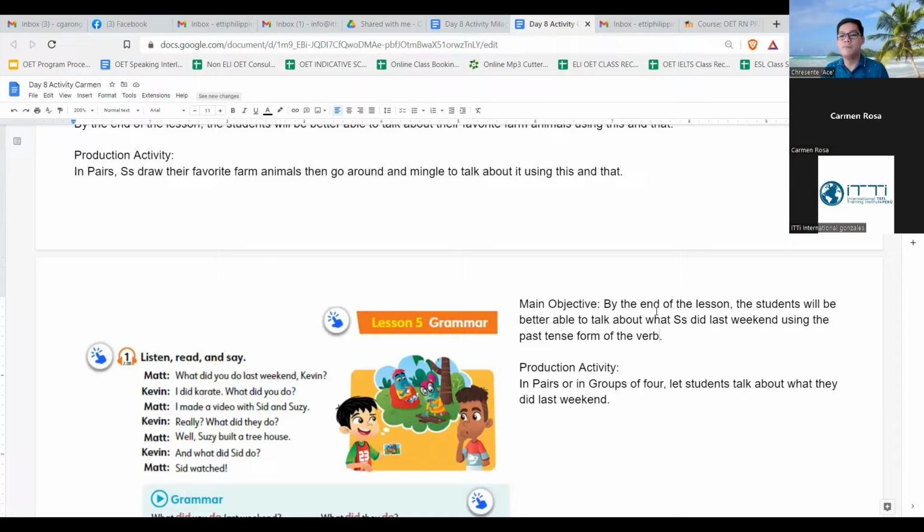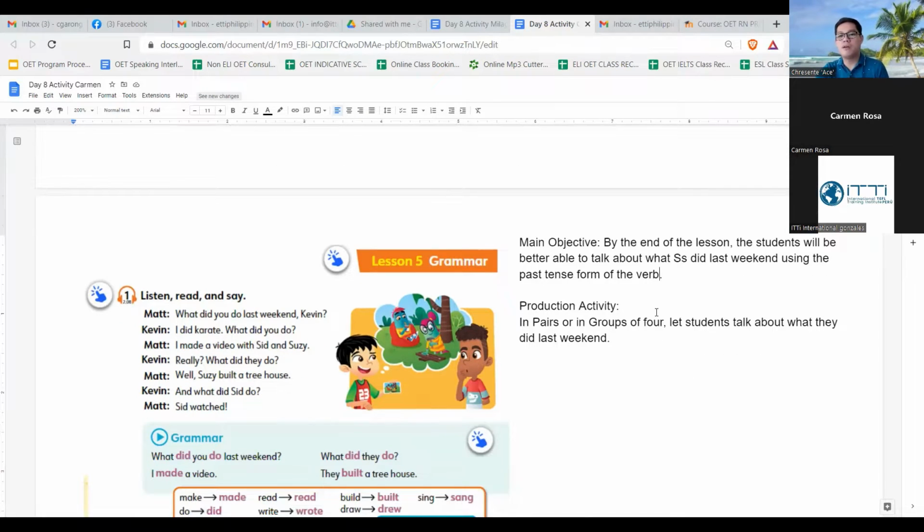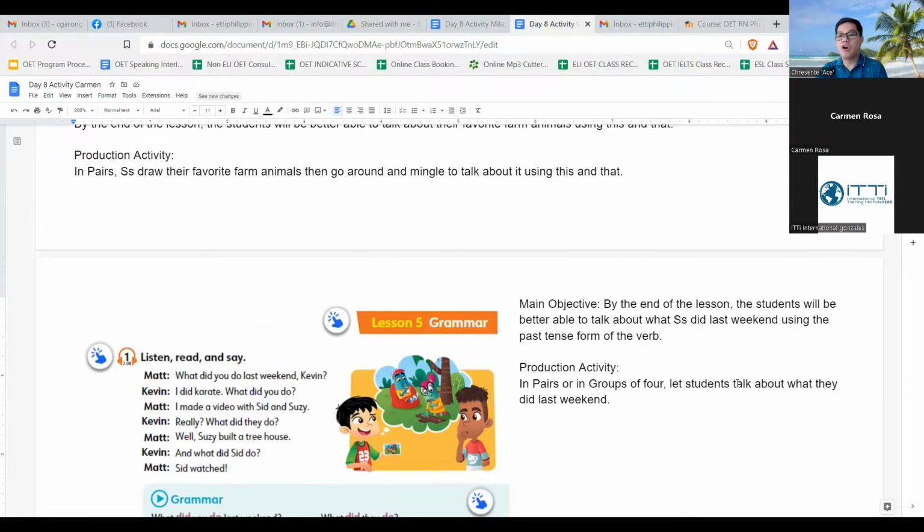Then now let's look at the activity, the production in pairs of four. Let students talk about what they did last weekend. Okay, this one is good. At least this one coincides with your objective now, because earlier it did not.